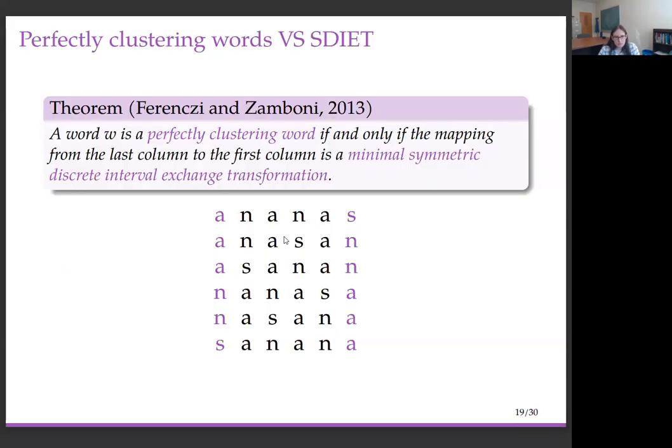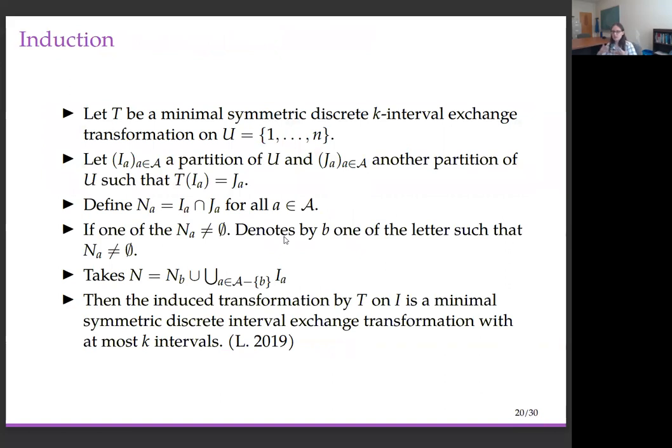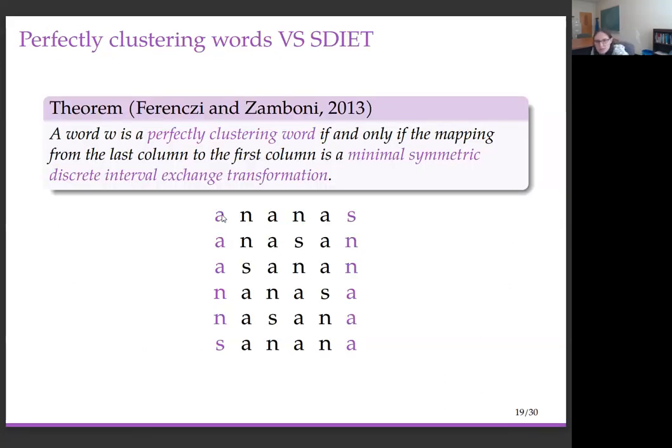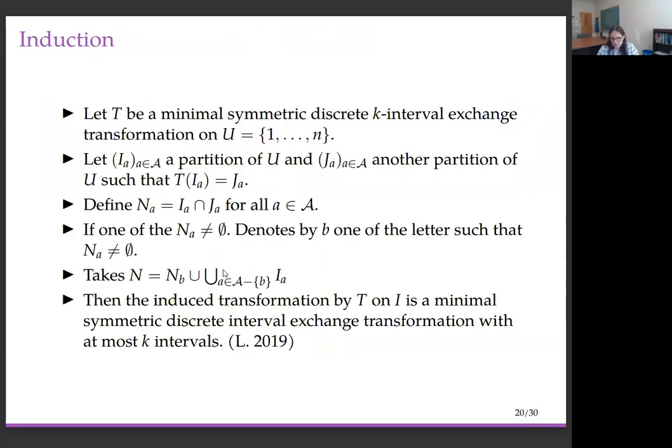So what happens is, when I apply the morphism, I change things. Basically, the number of letters gives you the length vector of the discrete symmetric interval exchange transformation. So when I apply my morphism, I modify that length vector, which is similar to an induction.